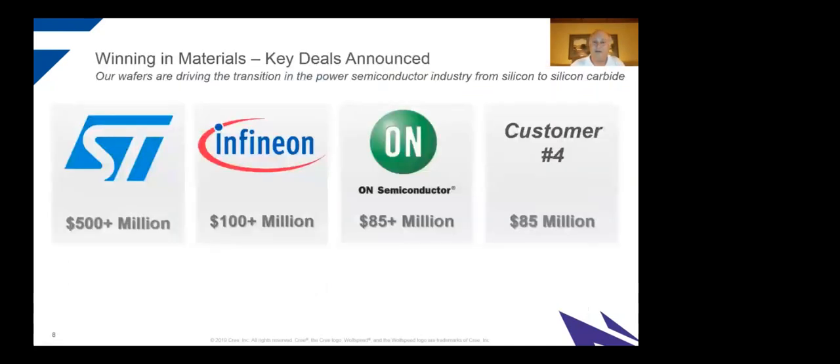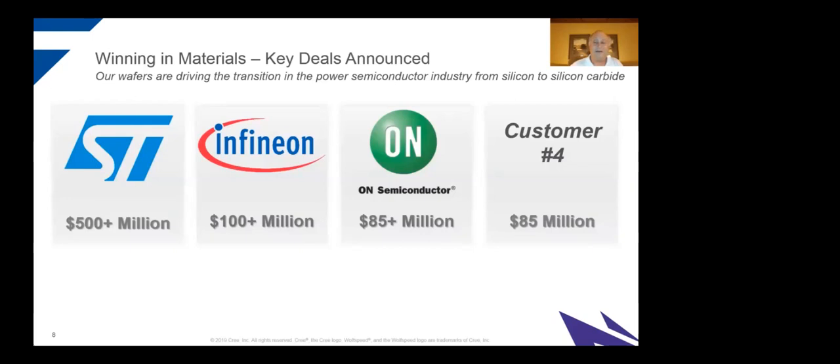We not only use the material ourselves, we are the largest supplier of silicon carbide wafers to other people in the industry. And we've been winning with some key deals announced, long-term agreements with ST Micro, 500 plus million, Infineon, 100 plus million, onsemi, 85 million, and a fourth unnamed customer, 85 million.